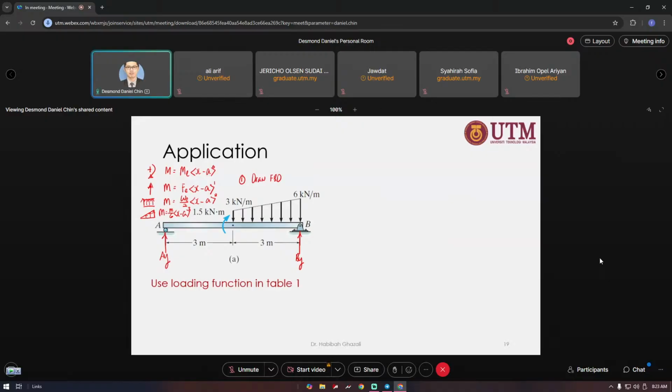You can leave it, because if you calculate the summation of Fx equals 0, you'll see that your BX is also equal to 0. So second step, as usual, the equilibrium equation.